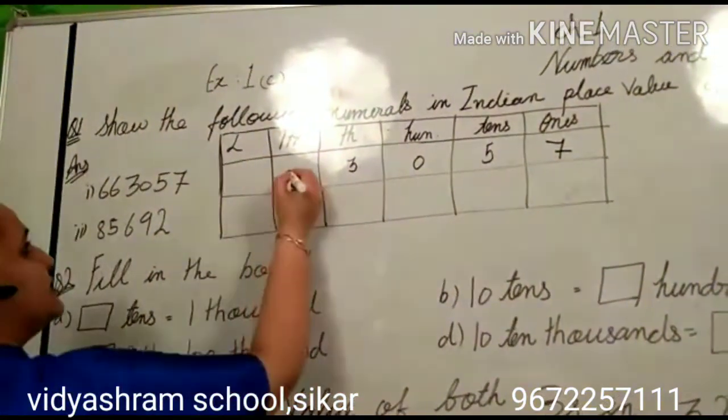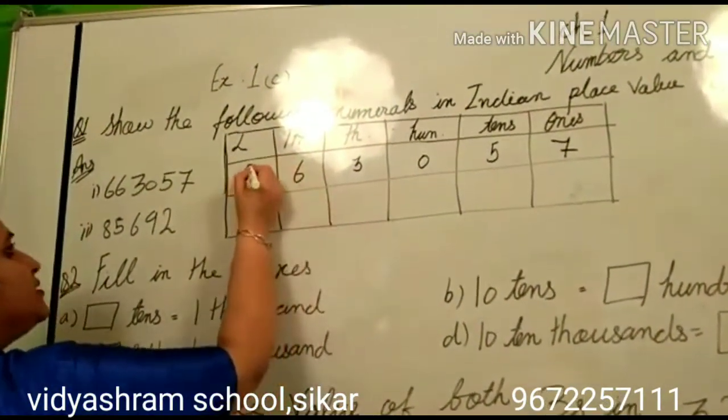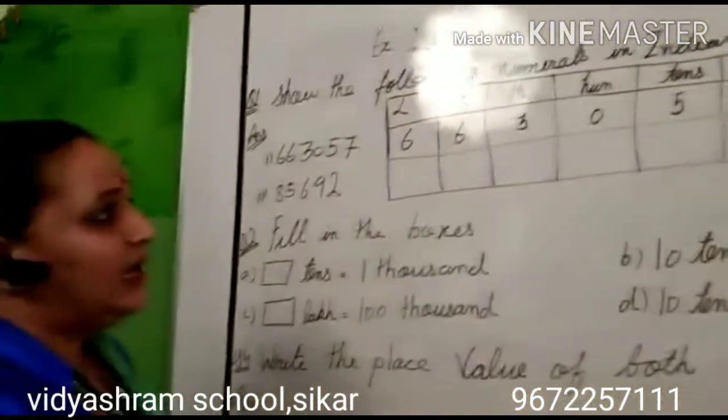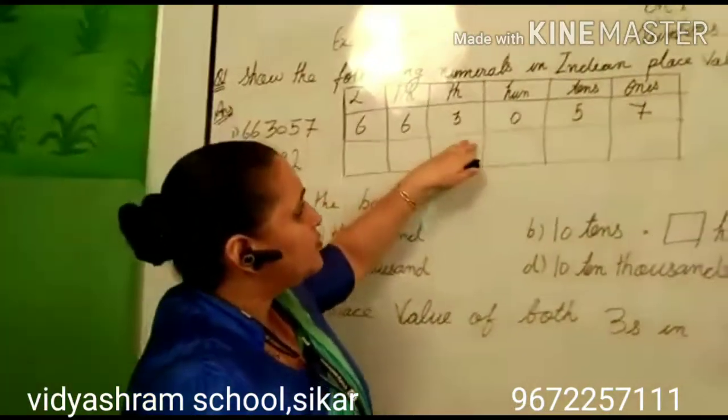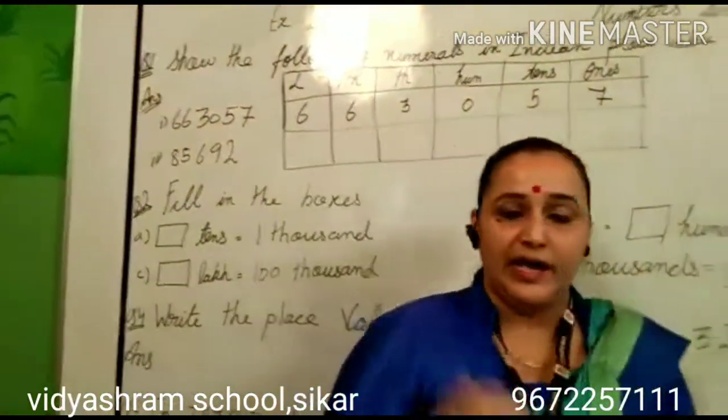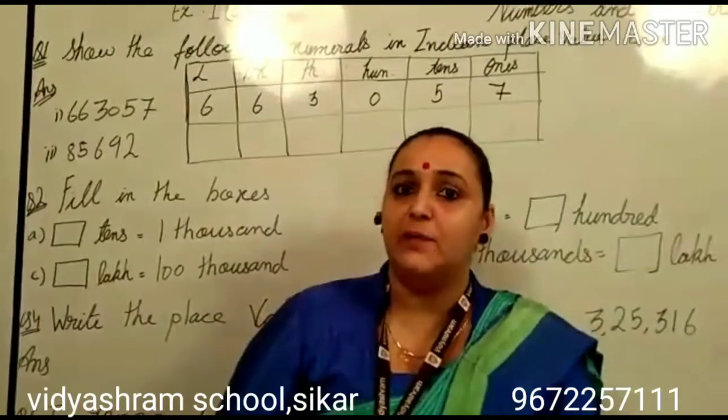Again 6 at the ten thousands, and one more 6 is at the place of lakhs. Then how will we write it? 6,63,057. Like this you have to put the values in the place value chart.